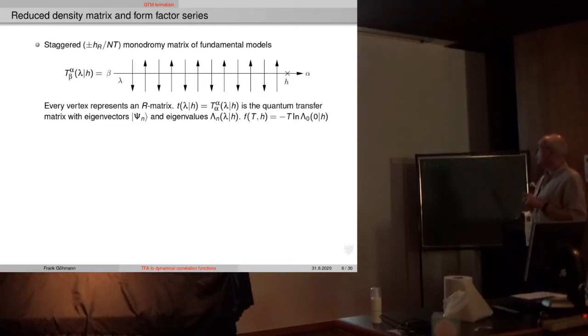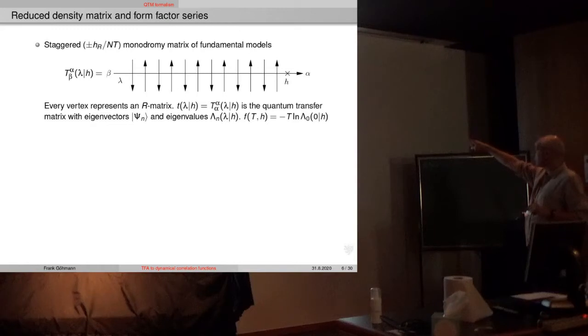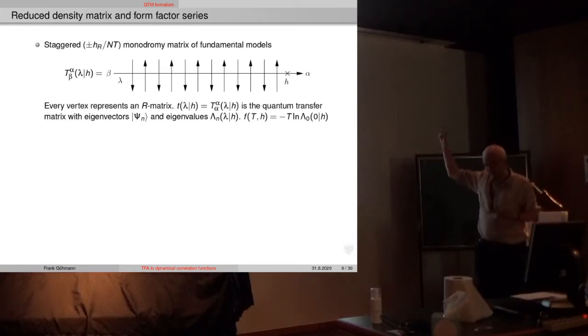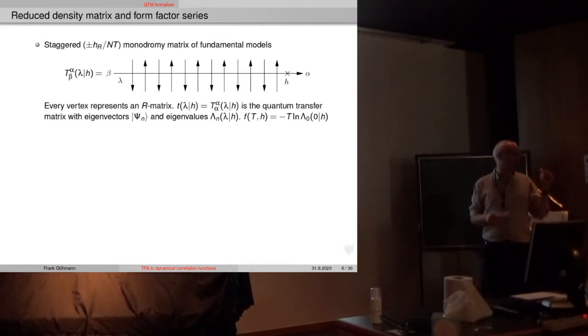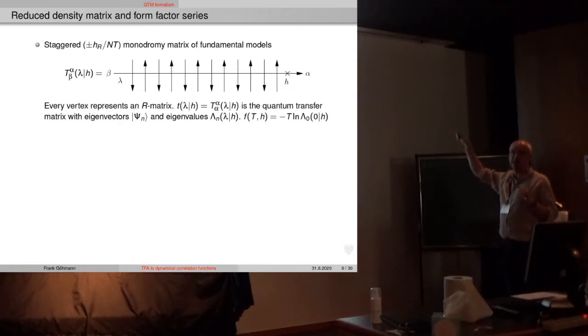Right. So the point is, if you diagonalize the thing, it has a rather strange spectrum, even if the model is critical. The quantum transfer matrix has a gapped spectrum, and it always has one eigenvalue which is largest in modulus. It's never degenerate. So there is an eigenvalue which we call the dominant eigenvalue, and the dominant eigenvalue determines the free energy per lattice site.